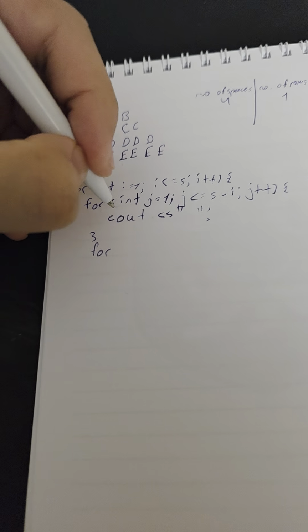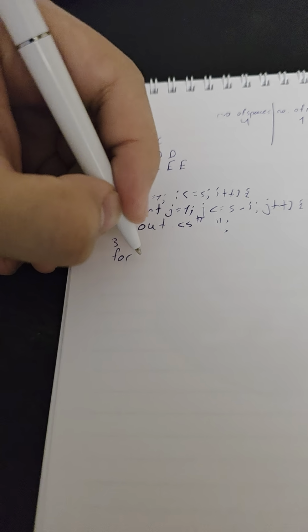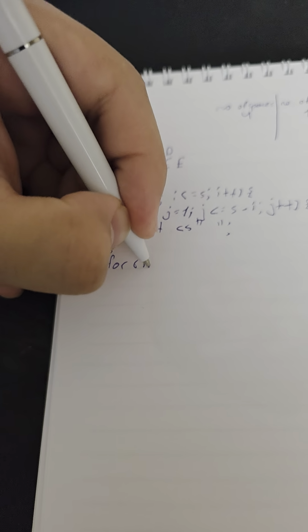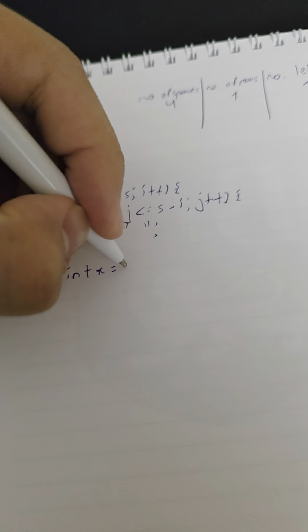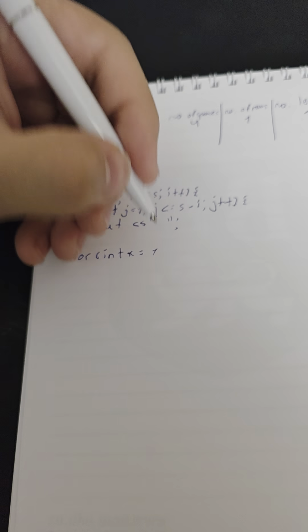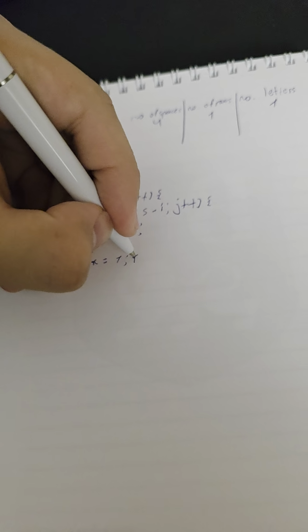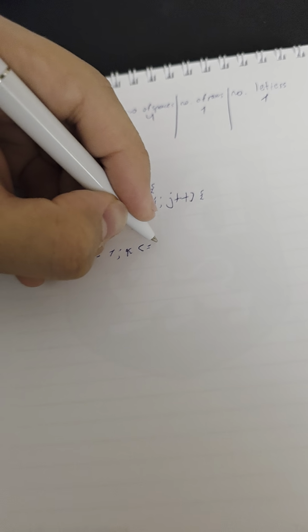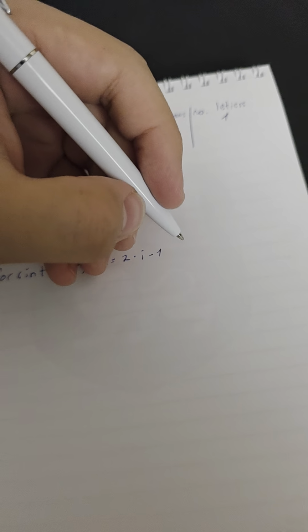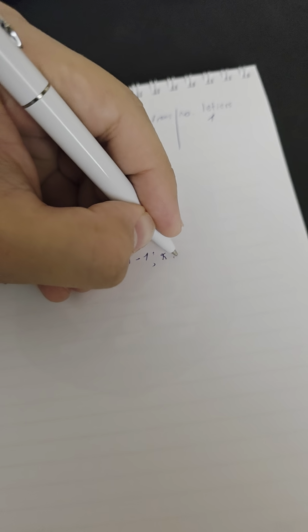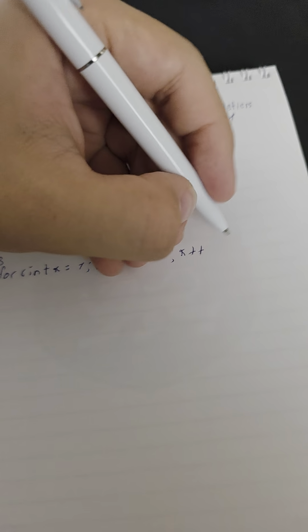and we will have to get another for int k that will be equal to 1, and while k less than or equal to 2 times i minus 1, k plus plus.